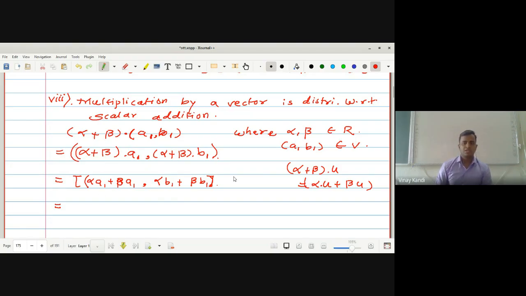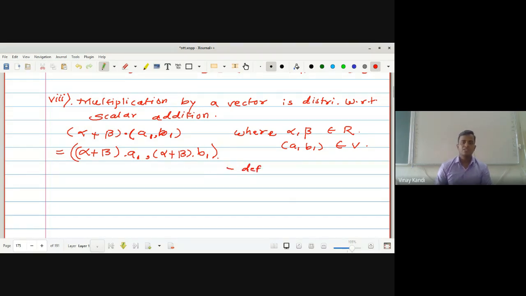Alpha plus beta into u, where u is a1 b1, is equal to alpha plus beta a1 and alpha plus beta b1, by the definition of scalar multiplication. Hence the eighth property is also satisfied.